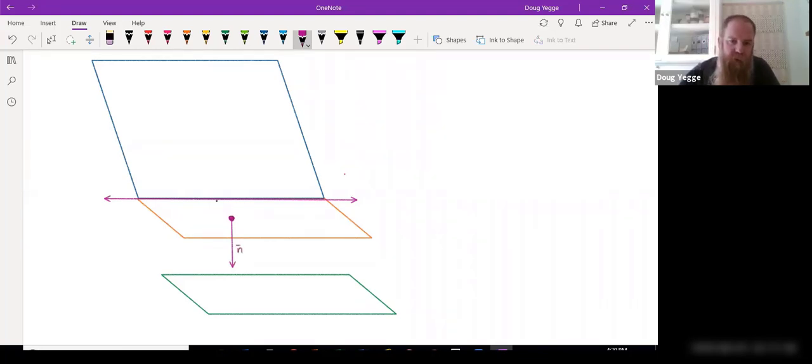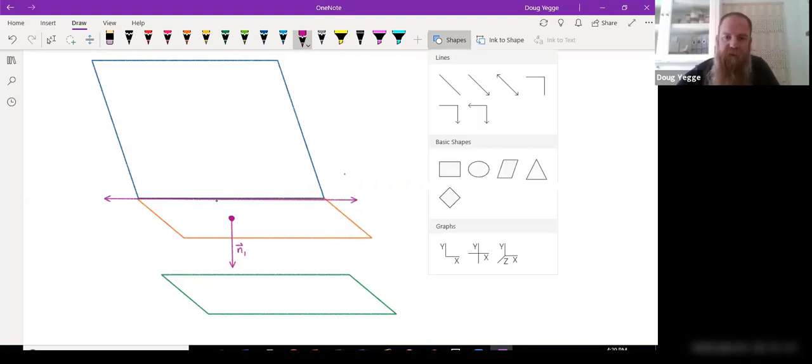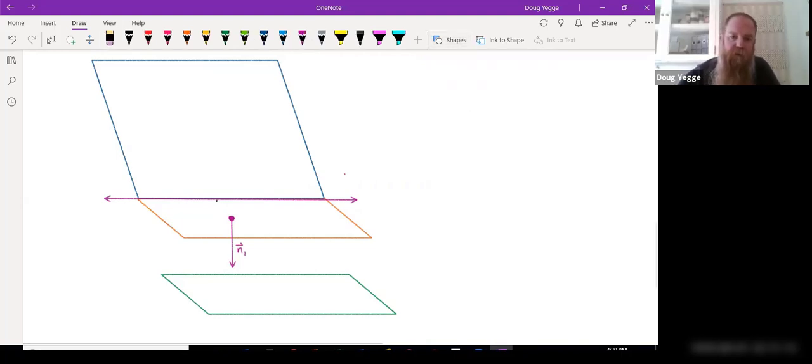Let's call that N1. Well, the green one also has a particular normal vector, which we'll call N2. They may not be equal, but I know the two planes are parallel when their normal vectors are parallel.